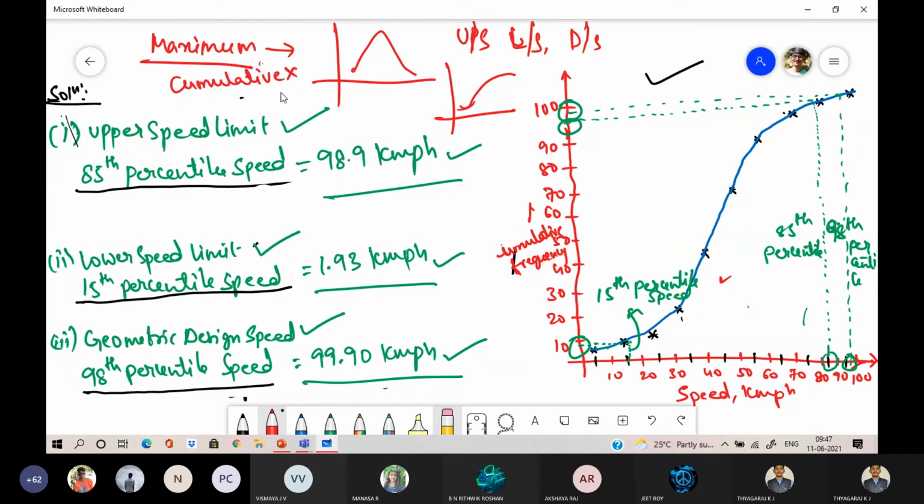When they are asking upper speed limit, lower speed limit, and design speed limits, you have to calculate the cumulative frequency, and this graph is plotted as cumulative frequency versus speed. This graph is plotted with frequency versus speed. Don't get confused. Frequency versus speed, the graph will be plotted, and another graph will be plotted, cumulative frequency versus speed. Is it clear, right?